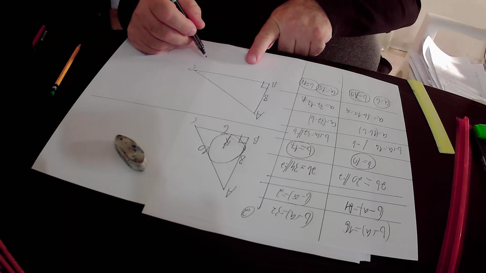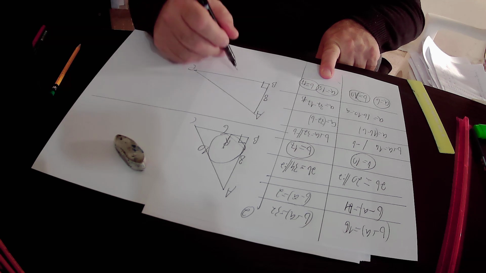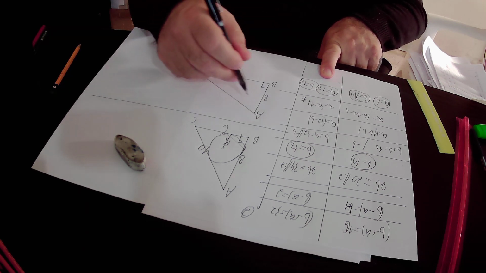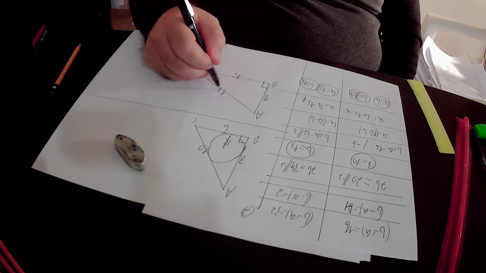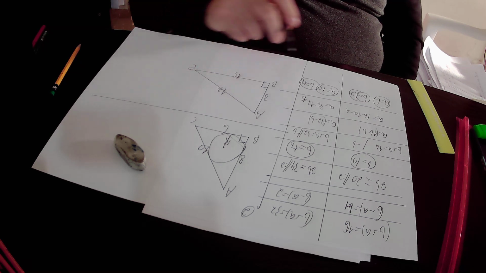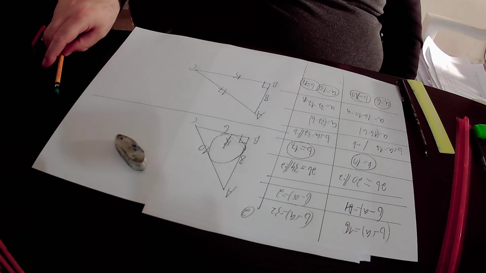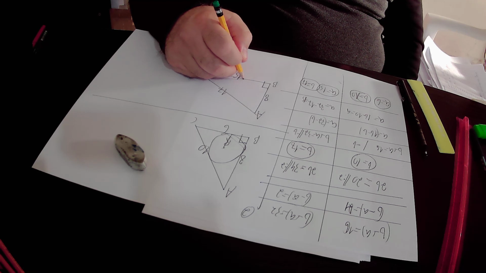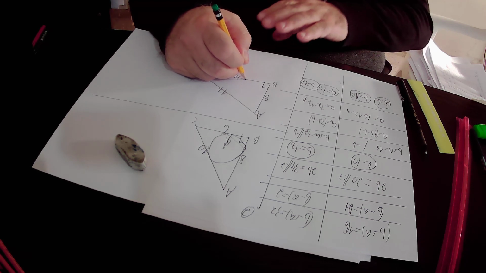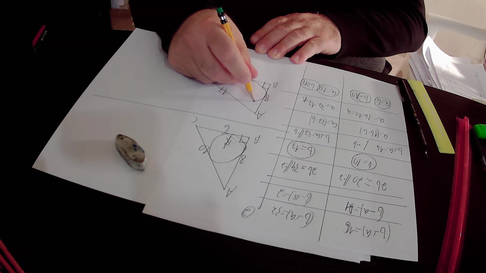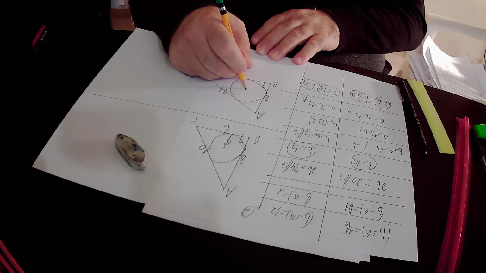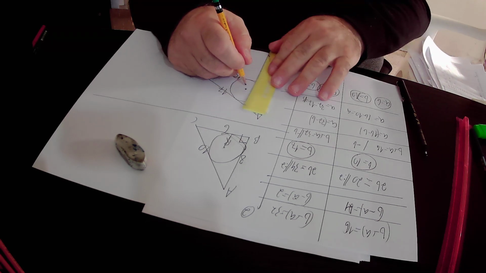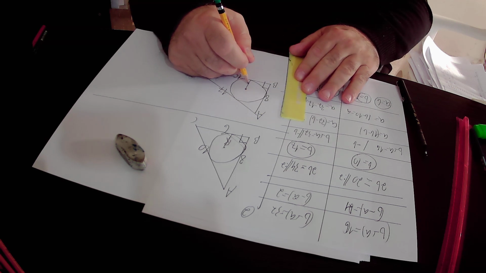BC is a, and a according to the second option is 15 units, and AC equals b, the hypotenuse, and b equals 17 units. Inside this right triangle we have a circle inscribed in triangle ABC. Our mission is to find the radius of this circle, which we define as capital R.